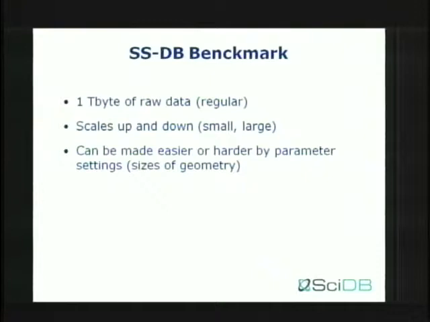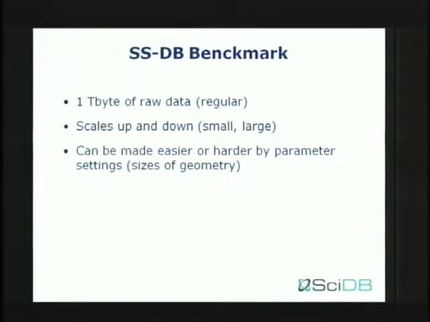So in the essence of TPC, the regular is a terabyte. It scales up and down to get harder and easier. And there's a whole bunch of parameters, which is like how big an area of the sky do your queries look at.